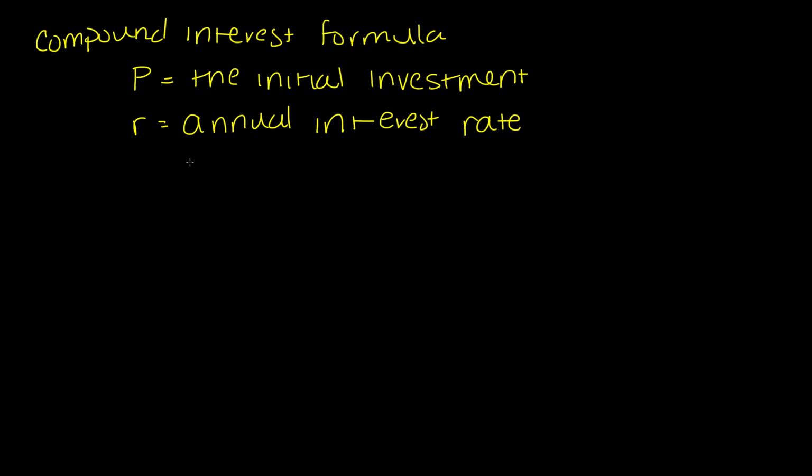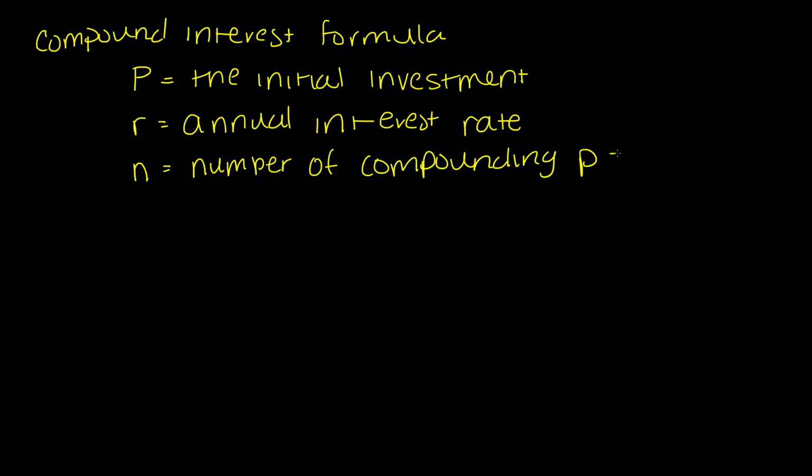We'll say it as a percentage, but it's typically written in decimal form. n is the number of compounding periods per year. And then A is going to be the value of the account.